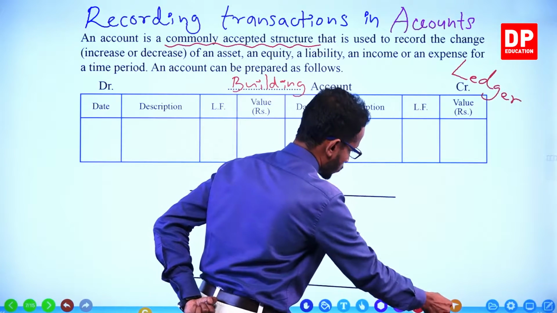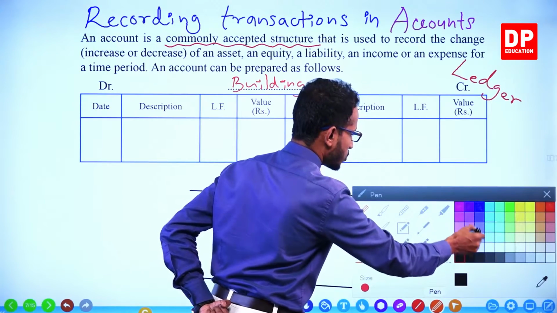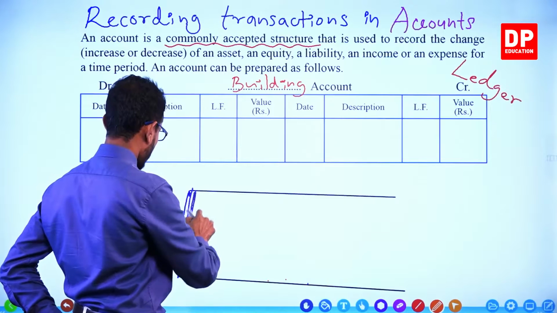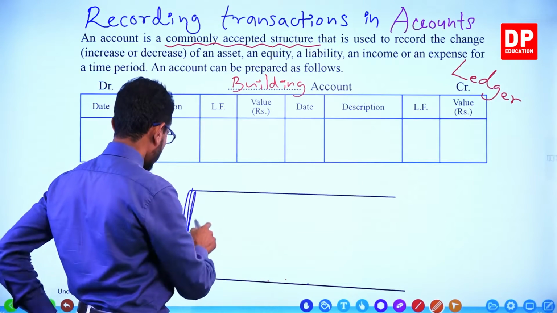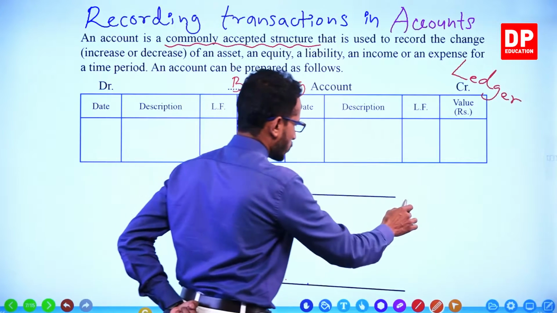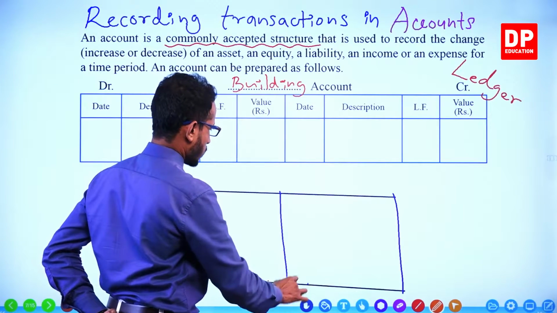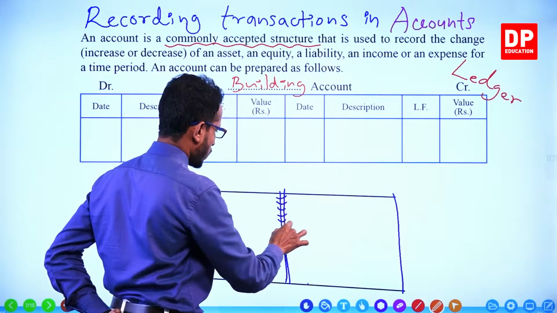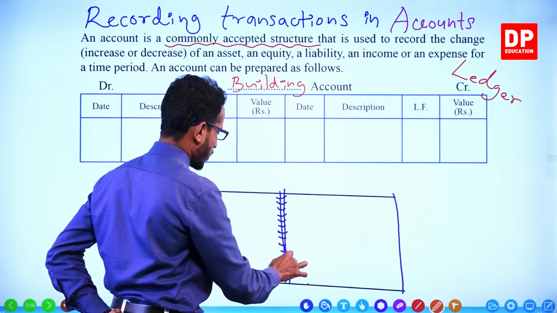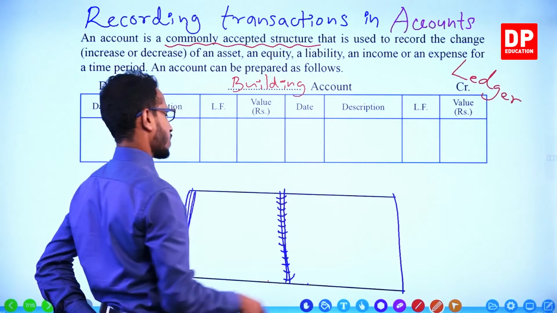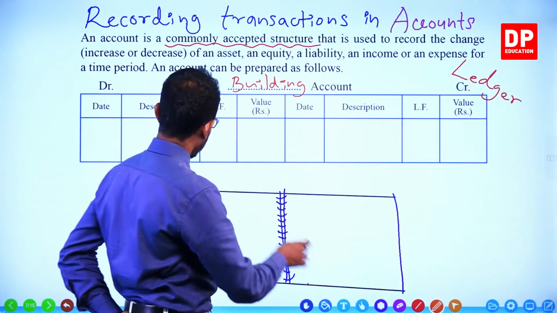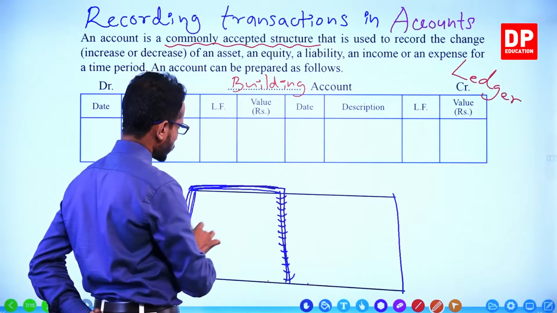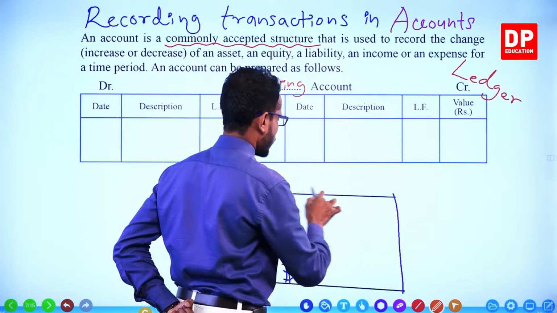Most of the time, one page of these books was used for one account. That's how the books were used. And the books were large, with spiral binding in the middle. I'm just showing you how a ledger book looks, large books like this.